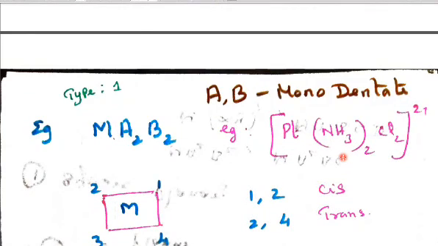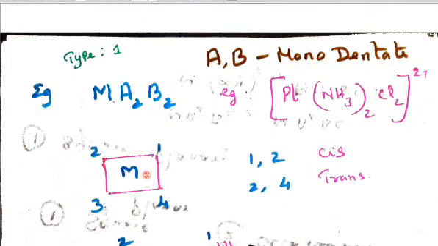So we write the central metal ion at the center in a square. In the square, you just number it 1, 2, 3, 4. The positions 1, 2 being the same means it is cis. The positions 2, 4 being the same means it is trans, diagonally opposite. 2, 4 for trans, 1, 2 for cis.